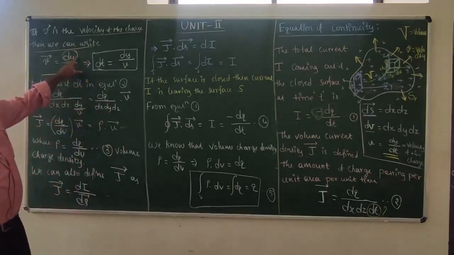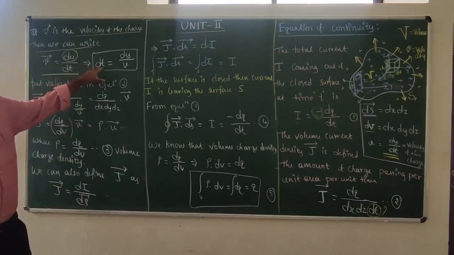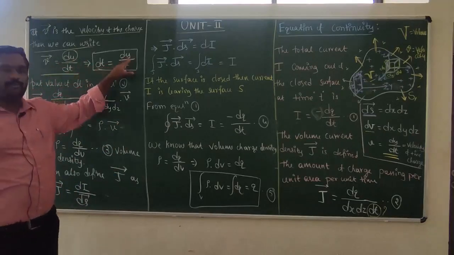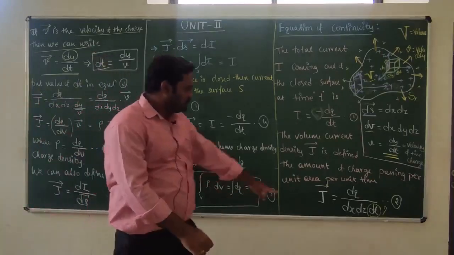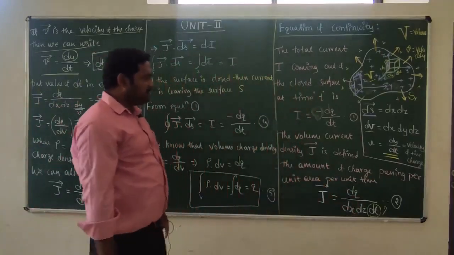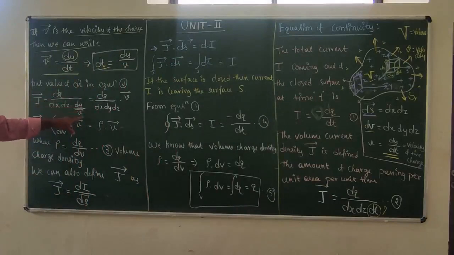Rearranging, dt is equal to dy by v. Now put this dt value in equation 2, then we get current density J equal to dq by dx dz dy by v.